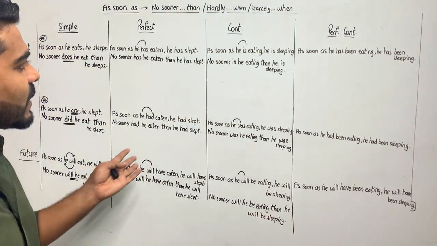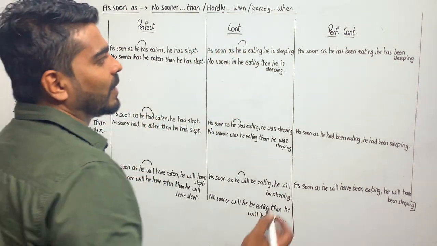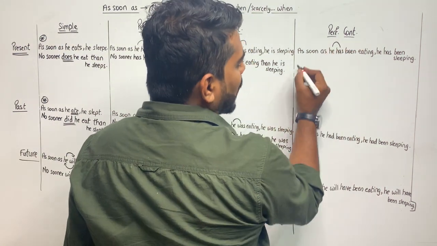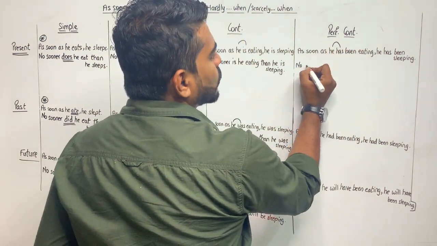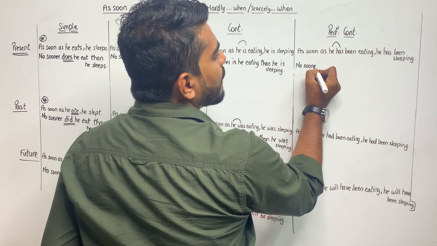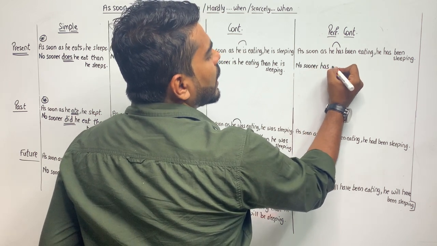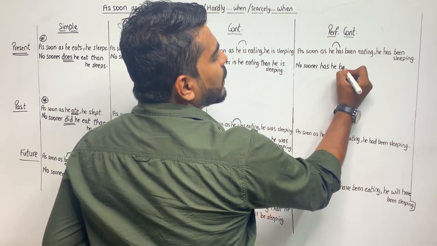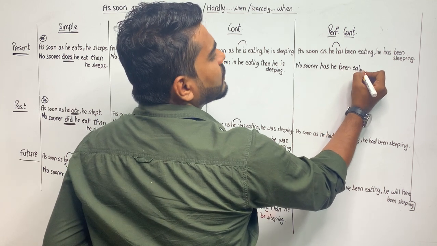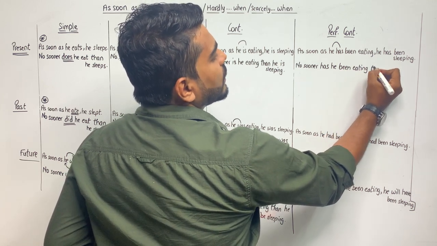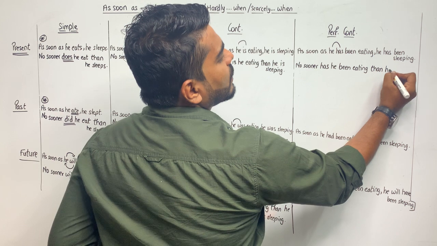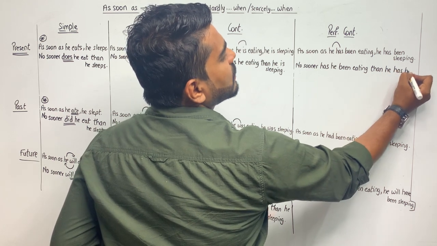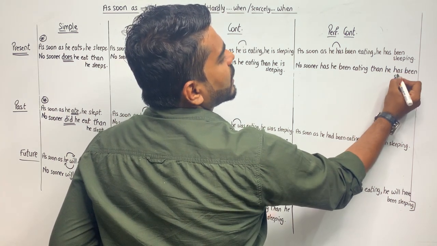Okay, as you are seeing, the pattern is exactly the same. As soon as he has becomes has he. No sooner has he been eating than he has been sleeping.